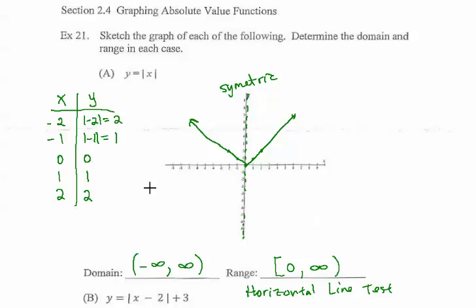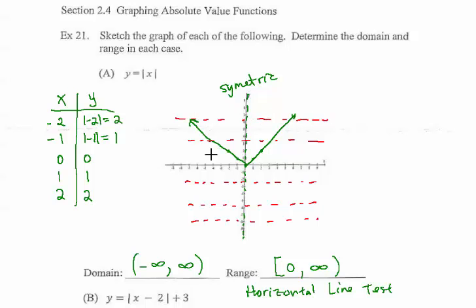Alright, so in other words, if we go to our graph and we just randomly draw horizontal lines, some on the bottom, some on the top, maybe you draw one right along the x-axis at y equals 0, what you'll see is only the ones at y equals 0 and above actually hit the curve.